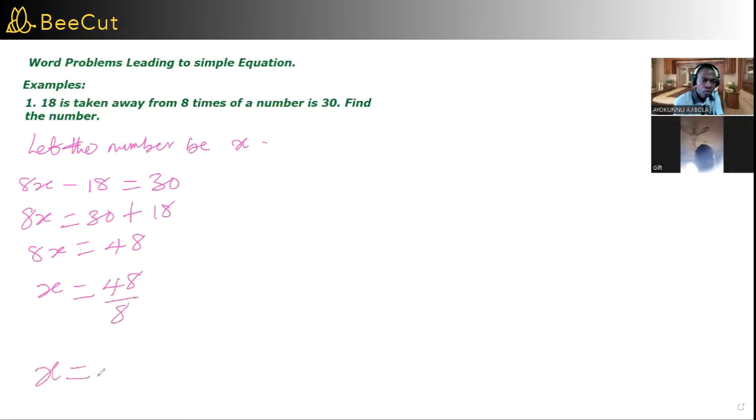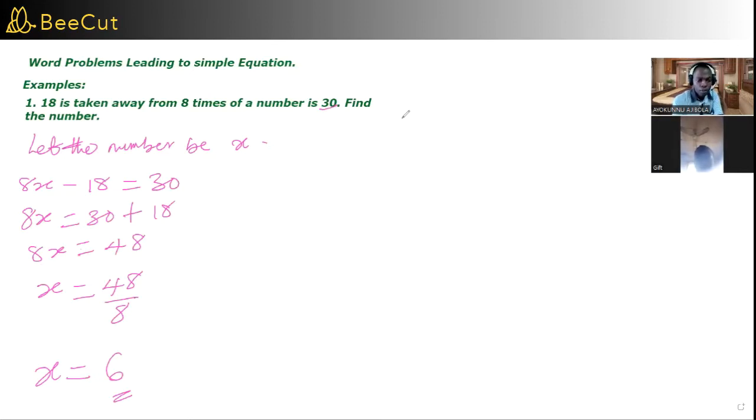So X equal to 6. So that means the unknown number is 6. If you multiply 8 by 6, which is the unknown number, you get 48, take away 18, and the result is 30. So I believe that is fair enough.